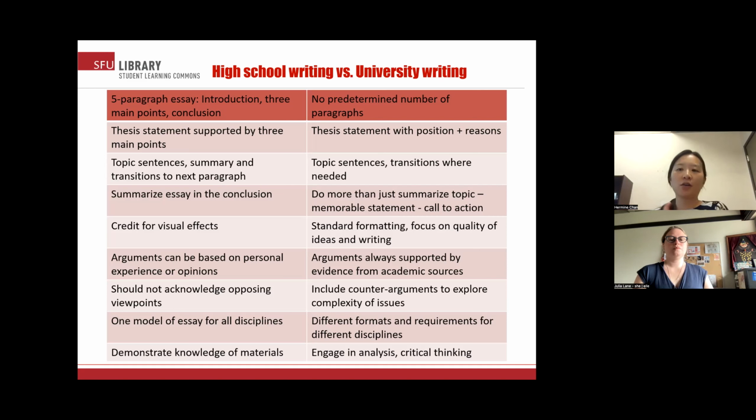But if you're in other humanities subjects, they might follow a different convention. So that's something that you have to be aware of. And it's no longer enough to just demonstrate that you know something well; your purpose of writing is now to engage in an analysis, and critical thinking is required where you add to that subject and add to what you've learned.